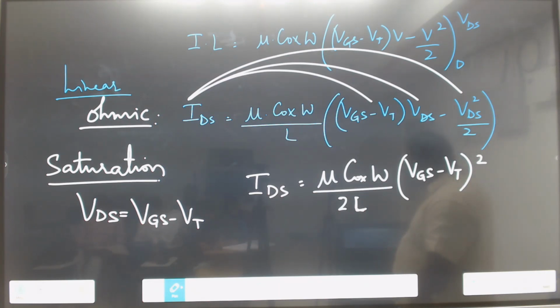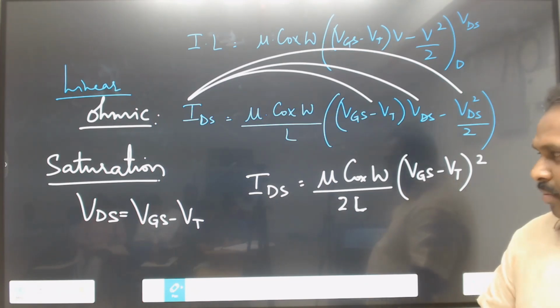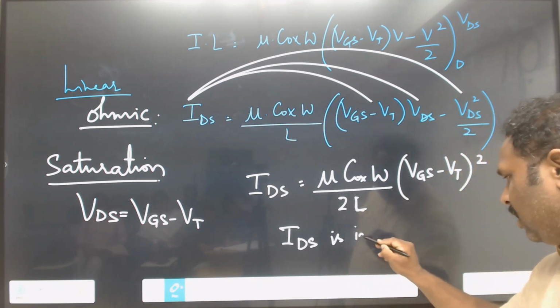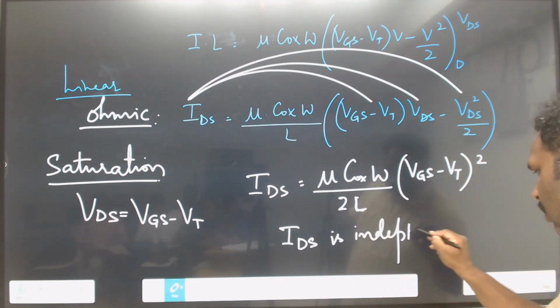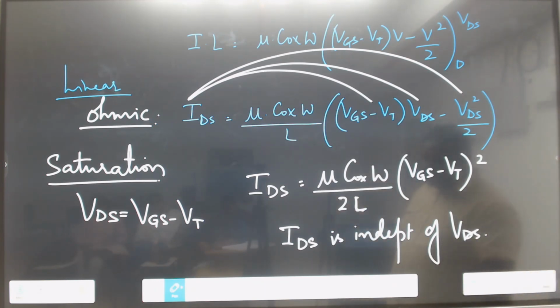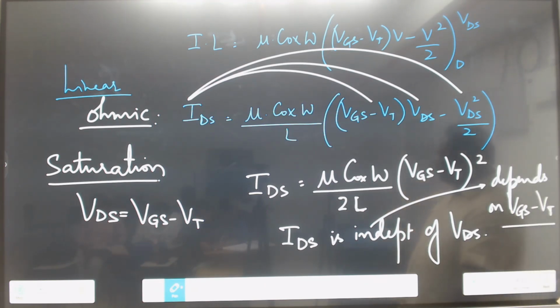You got my logic? So what is the saturation region's identity? How do you identify the saturation region? IDS is independent of VDS and depends only on VGS minus VT.